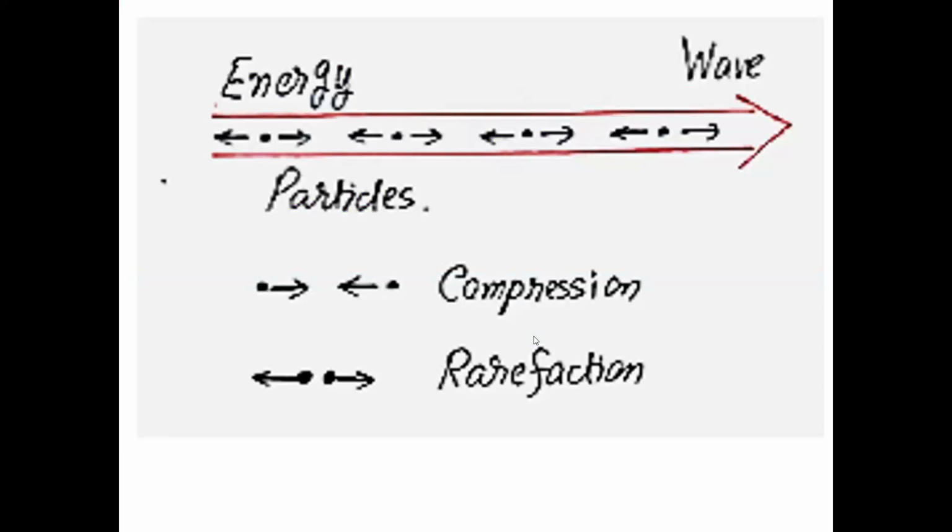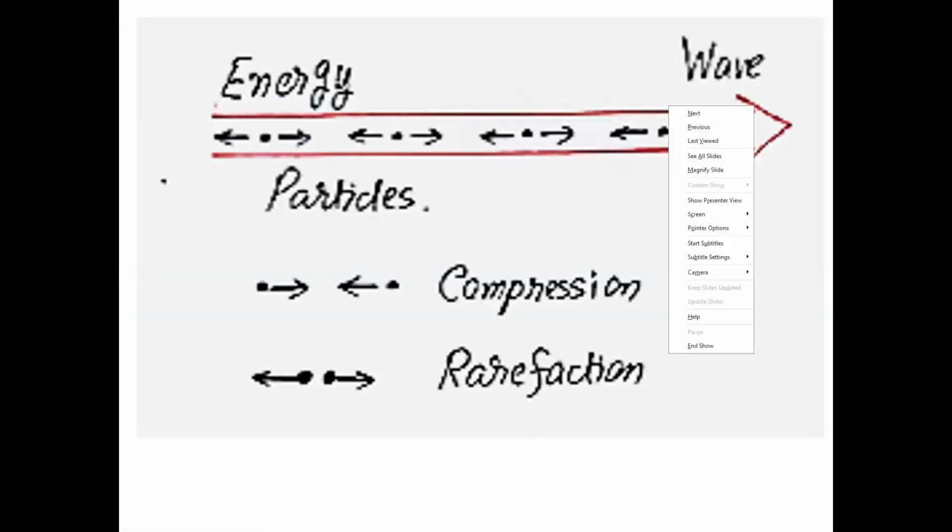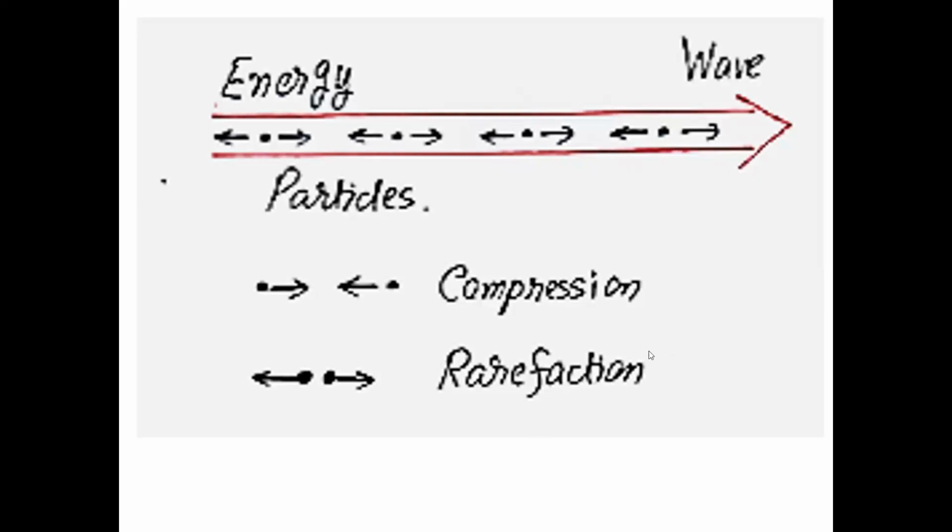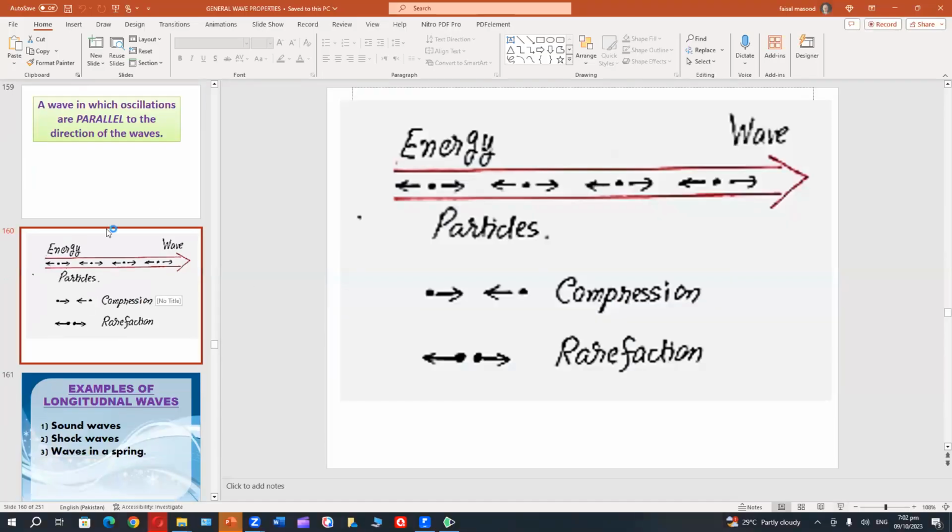Compression is a region of high pressure, while rarefaction is a region of low pressure. So when particles are moving towards each other, it is called compression. So I think we had copied it till here, but you people can check for me.